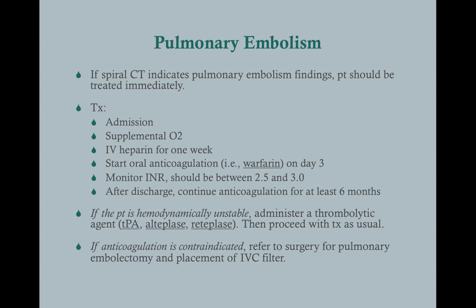The cornerstone of therapy for pulmonary embolism is going to be IV heparin. These patients will need to be anticoagulated for a week. So IV heparin is administered, and after 2 days of heparin therapy, you can start them on their oral anticoagulation, which is generally going to be Coumadin, warfarin.